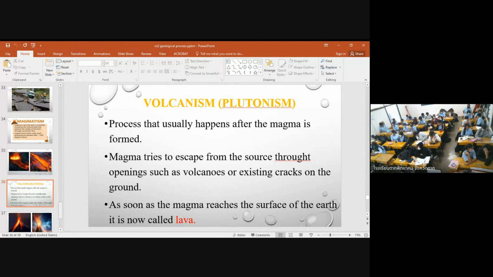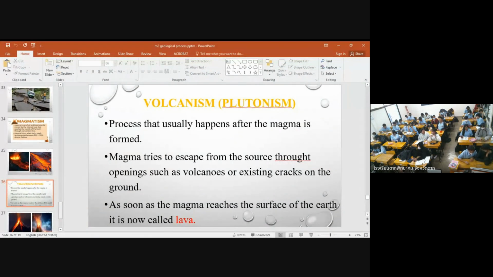Magma tries to escape from the source through openings such as volcanoes or existing cracks on the ground.